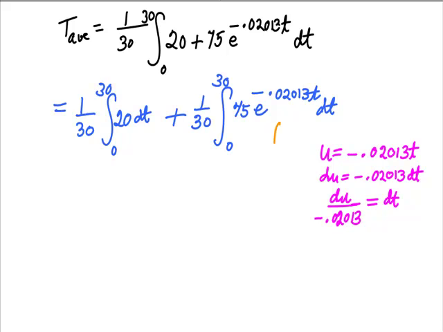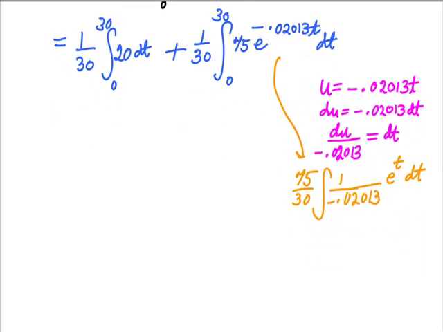So that's going to make this, I'll put the 75 out, 75/30ths, the integral of 1 over negative 0.02013 e to the u du.